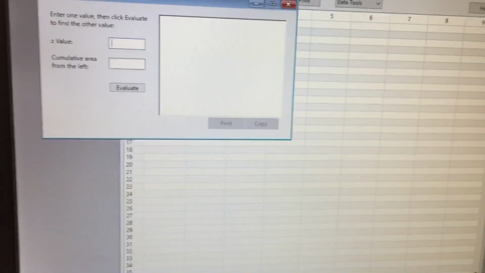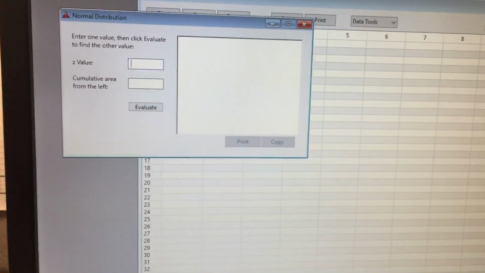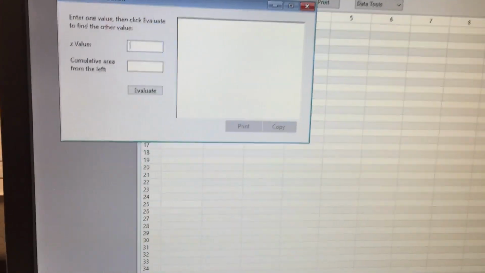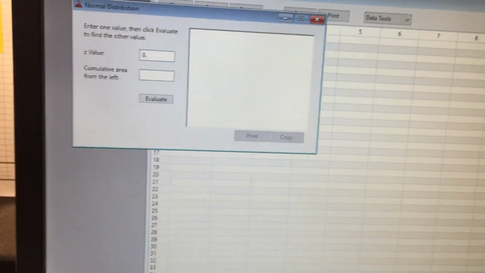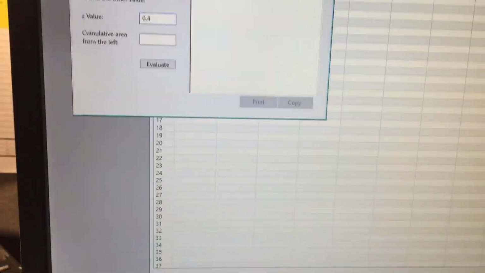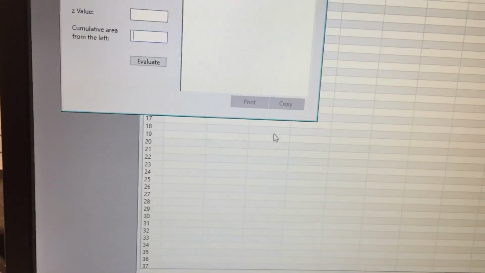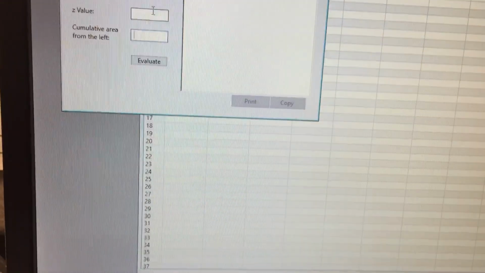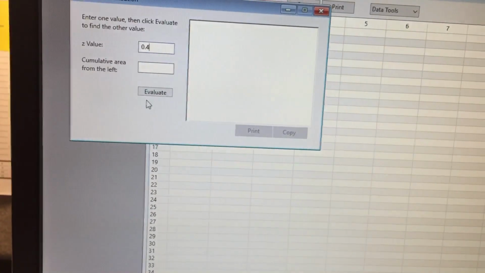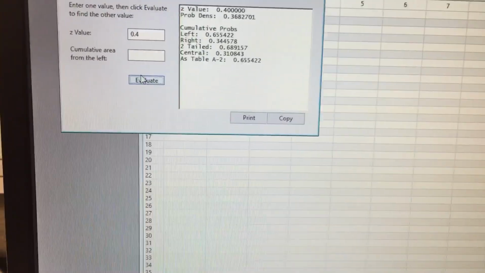So here the z value that we came up with in the slide was 0.4. So you'll type in 0.4. And then you want to leave the cumulative area from the left blank. So just 0.4. And then click Evaluate.